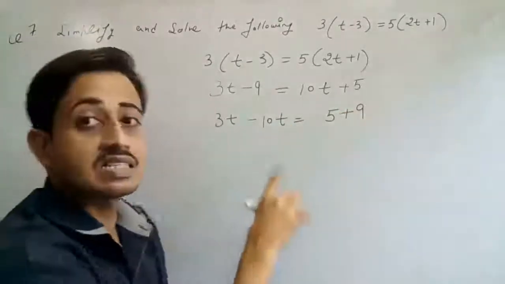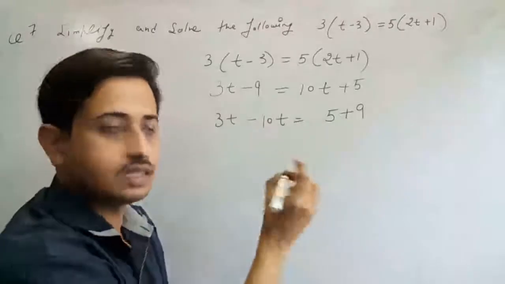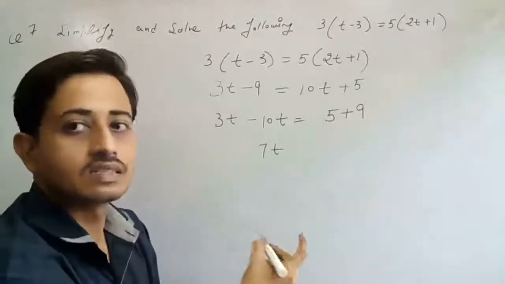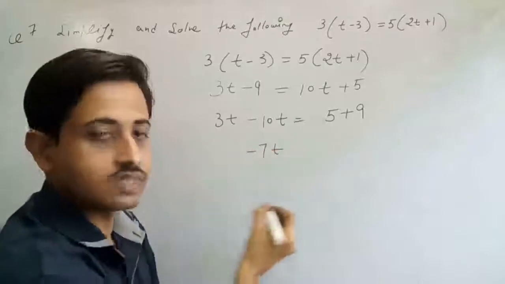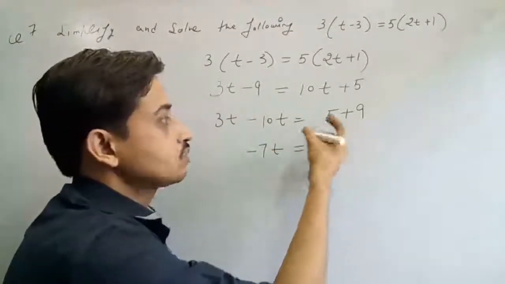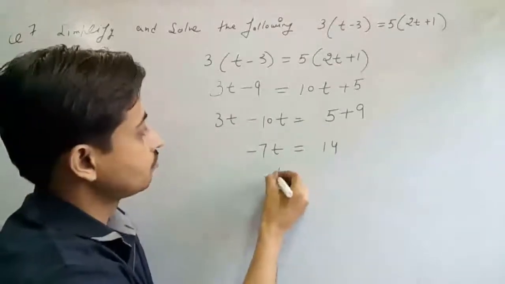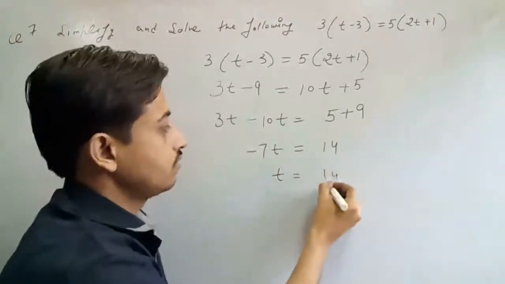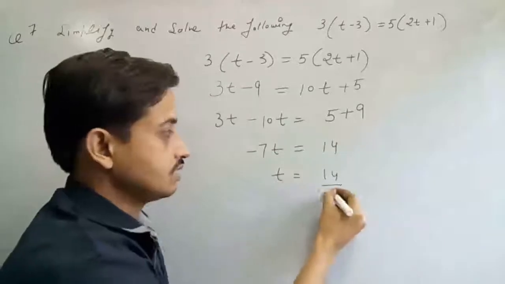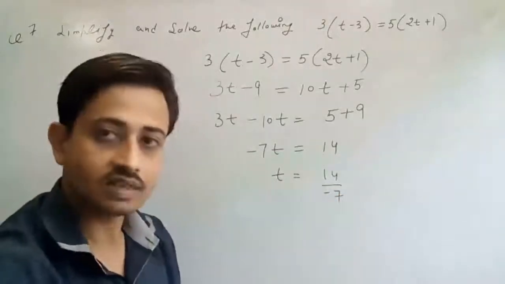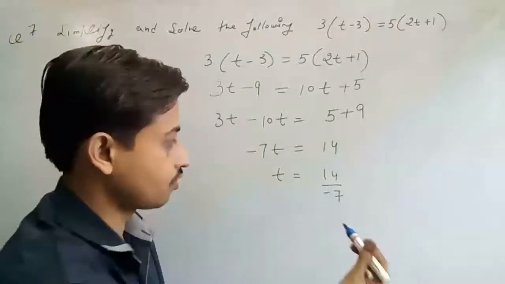Now 3t minus 10t, it means 10t minus 3t. We get 7t. The bigger term is negative, so we get negative 7t. 9 plus 5, we get 14. So what's the value of t? 14 divided by minus 7, and you know 7 1s are 7 and 7 2s are 14.